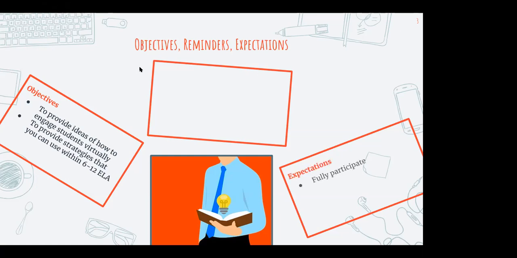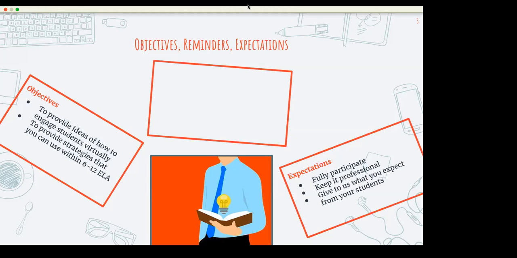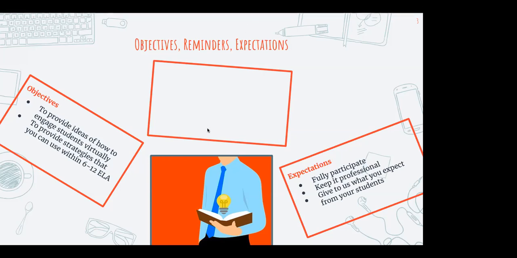All right. When we move into expectations, we want you to fully participate, keep it professional, which I know you will, and give us what you expect from your students. So if you want engagement from your students, we're going to ask that you actively engage with us, okay? And then lastly, we're going to look at reminders for today.